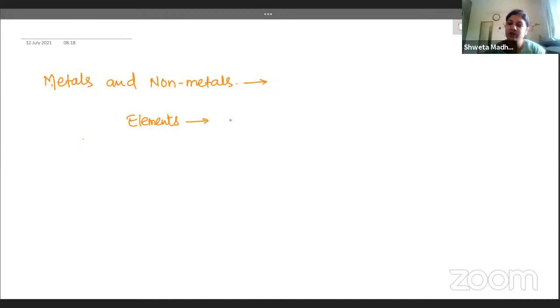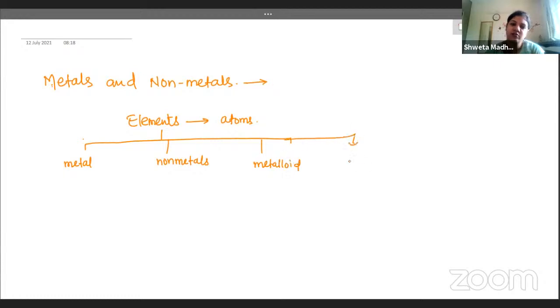Elements are the substances which are made up of atoms, which means inside an element only one type of atom is present. These are further classified into four categories. First is metals, a large number of elements are present in this group. Then non-metals. Third is metalloids. And the fourth one is noble gases or inert gases.